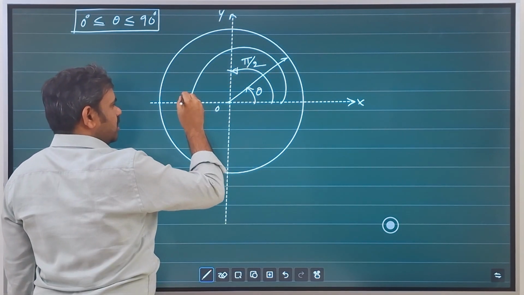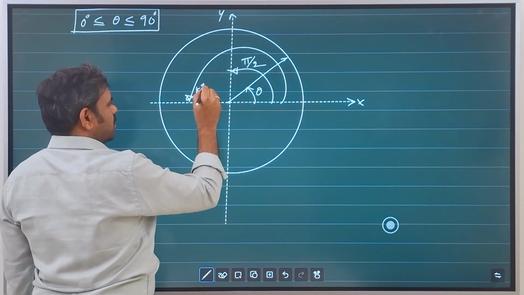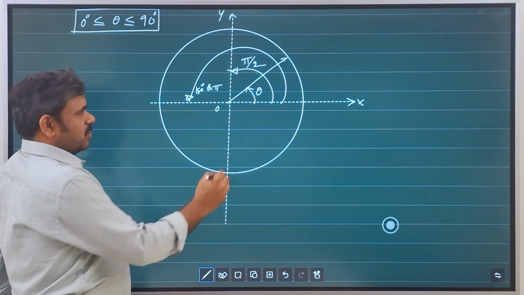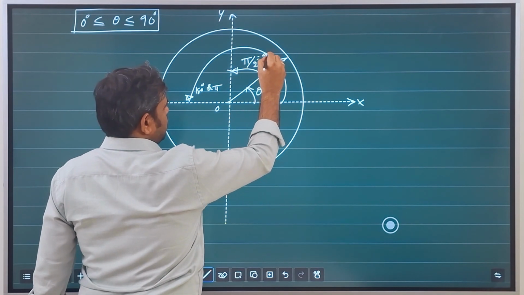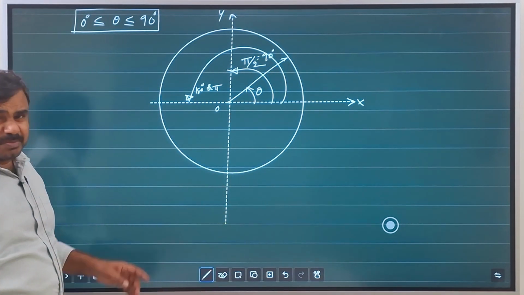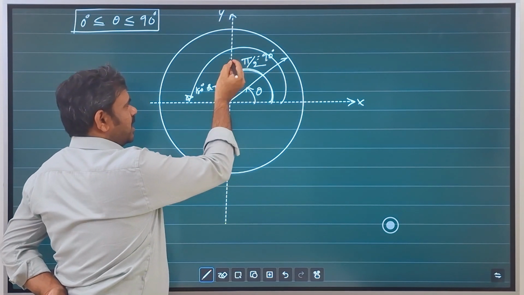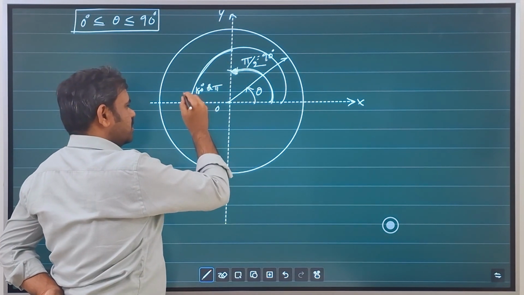This angle is 180 degrees or pi radians. Pi by 2 radians means 90 degrees. So from 0 degrees to 90 degrees it is the first quadrant. From 90 degrees to 180 degrees it is the second quadrant.